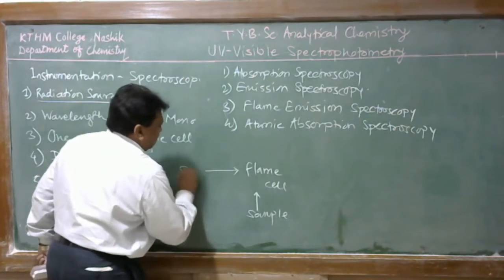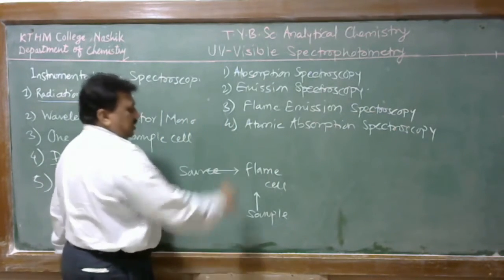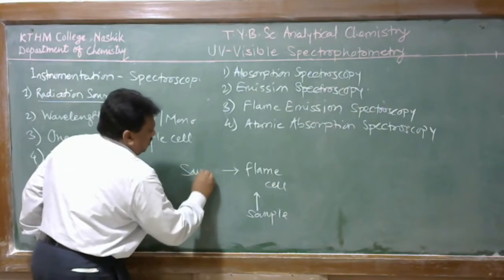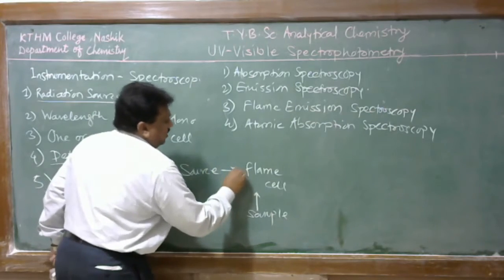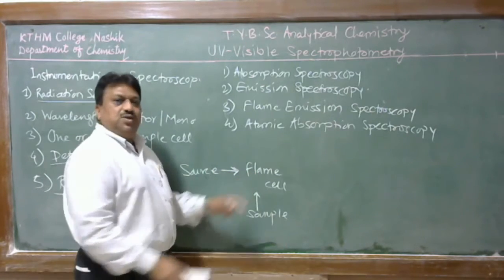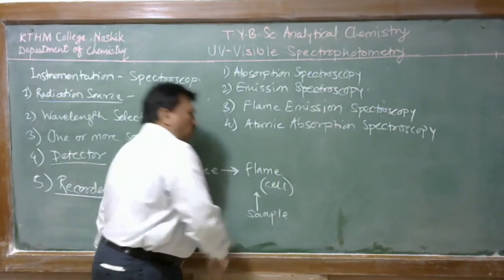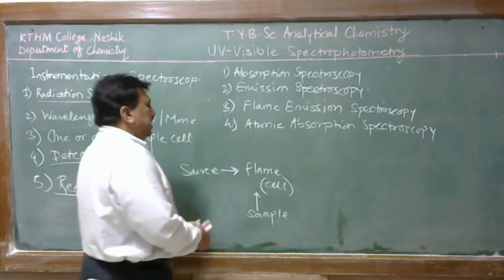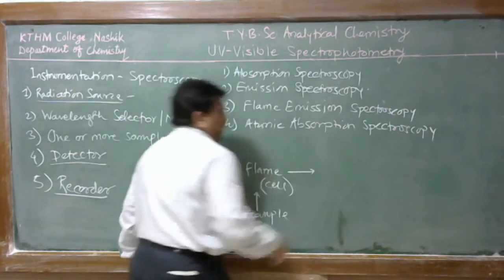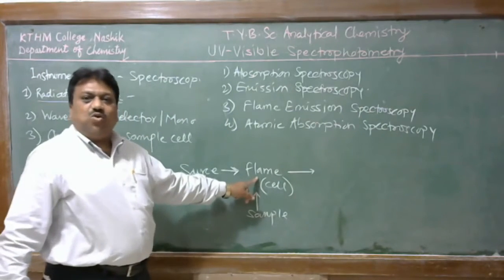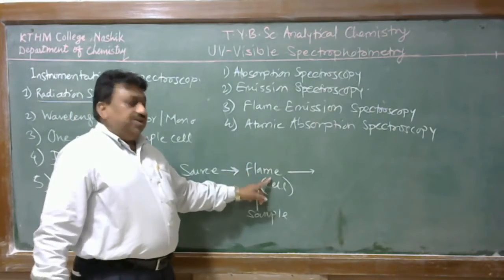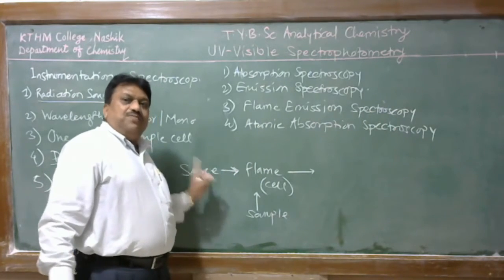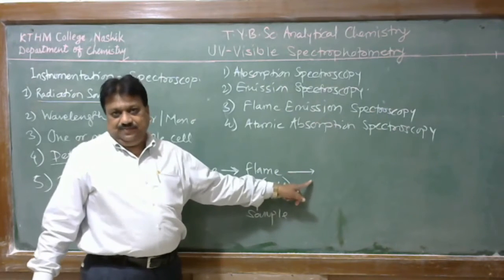There is another source, and this source provides radiant energy to the atoms present in the flame. The atoms in the flame undergo excitation by absorption of this radiant energy, and the radiant power of this beam is decreased.